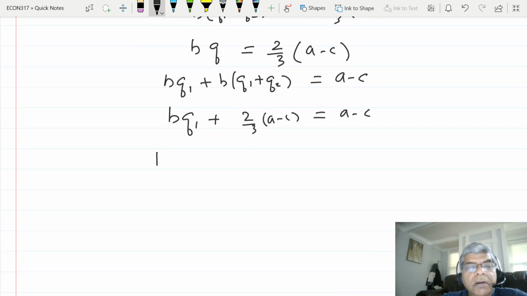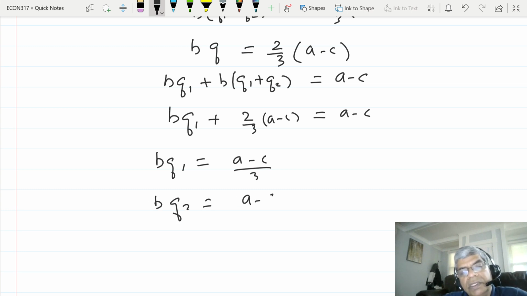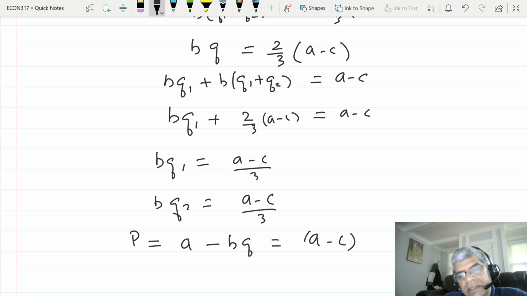This gives us BQ1 equal to (A minus C) over 3, which should tell us BQ2 is also equal to (A minus C) over 3. With this, now I can find the price in the market, which is A minus BQ, which is A minus 2/3 (A minus C).